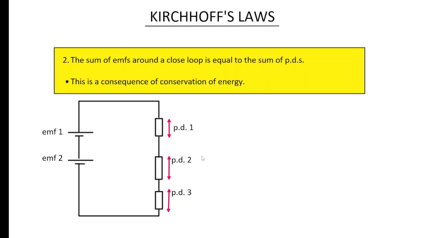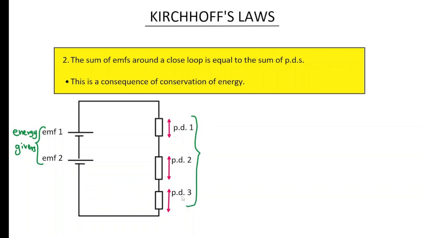All this law says is, if you consider this closed loop, the amount of energy supplied by the energy givers, so you can see the EMF1 and EMF2, the power supplies, they give energy to the system. These are energy givers.